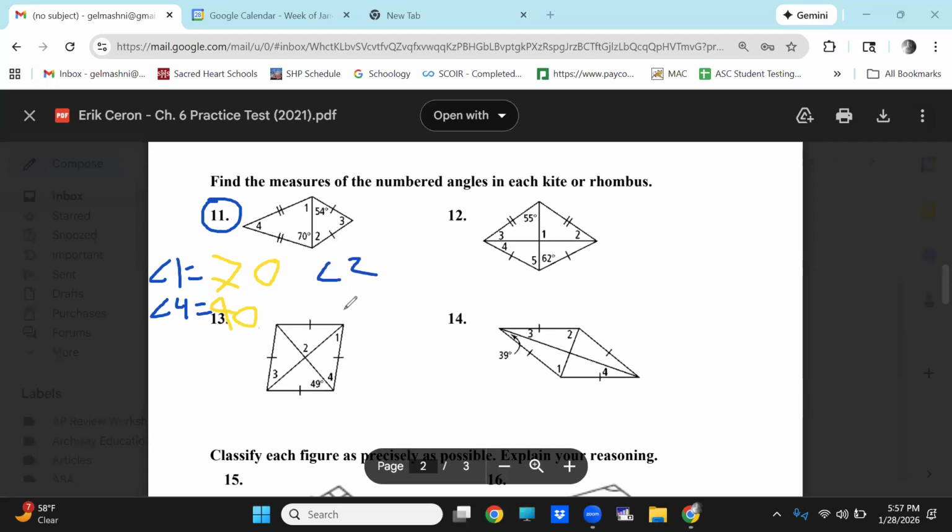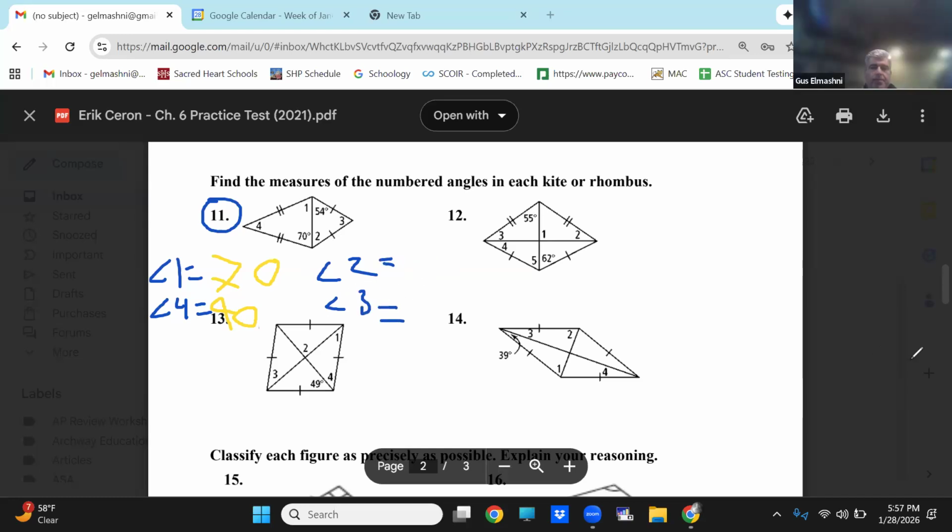Angle 2 is 54. Okay. So then angle 3 would have to be 72. Good.